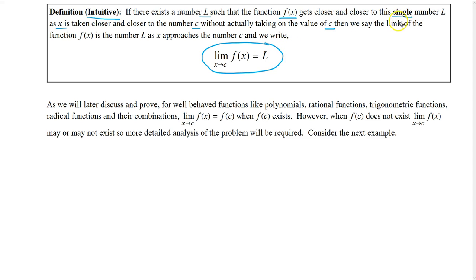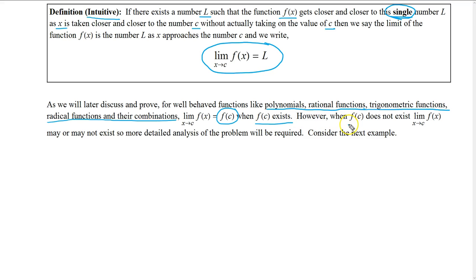And it's also important to note, as I said, that it has to be a single number L. Now, as we'll discuss later and eventually prove, for well-behaved functions like polynomials, rational functions, trigonometric functions, radical functions, and their combinations, usually to evaluate a limit as x approaches c of f of x, you can just plug c in for x and evaluate f of c. That's for most well-behaved functions when f of c exists, of course.